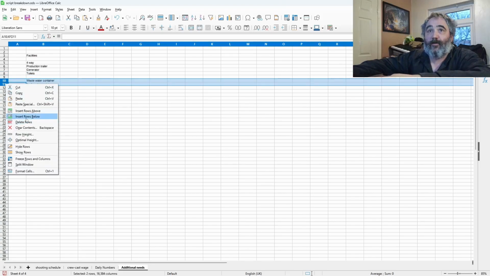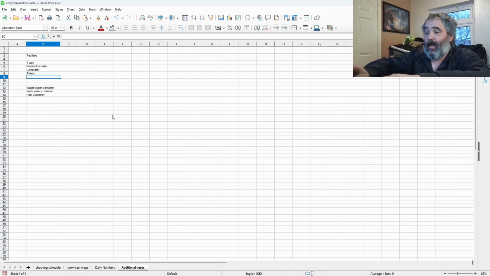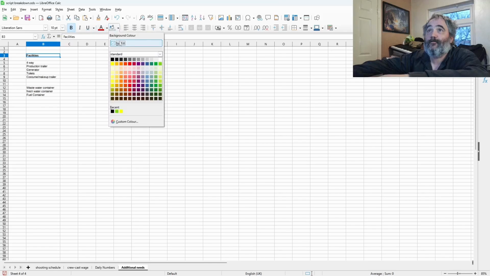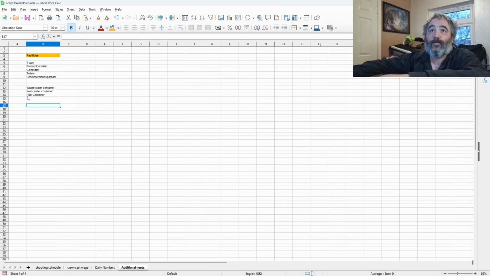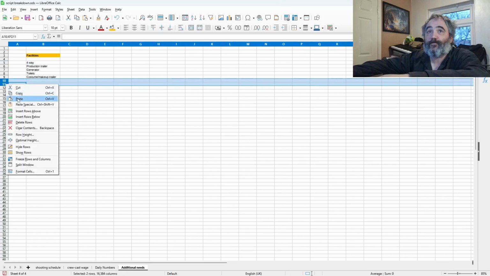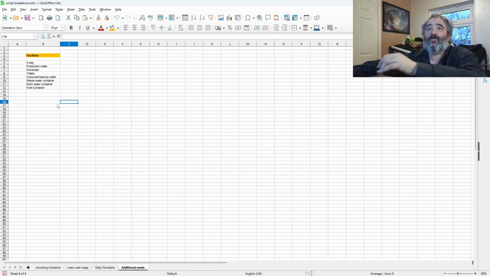And we're going to need a costume / makeup trailer. So these are all things that we're going to need for the filming. We'll just think of anything else that we're going to need for them.